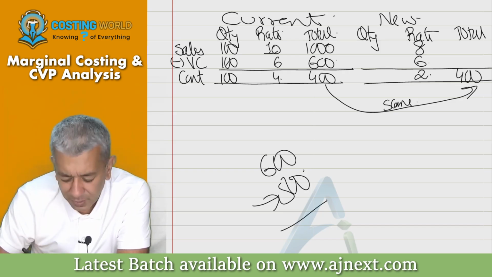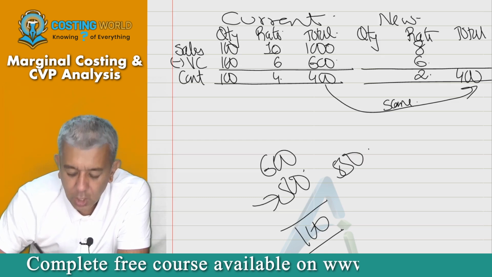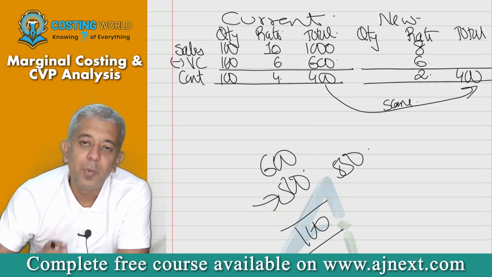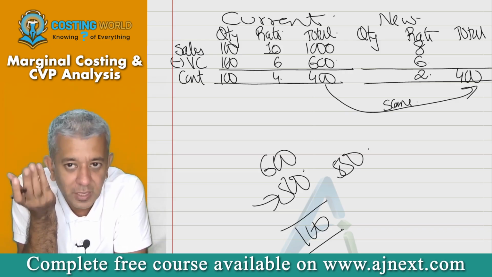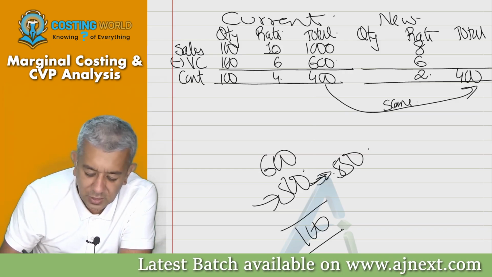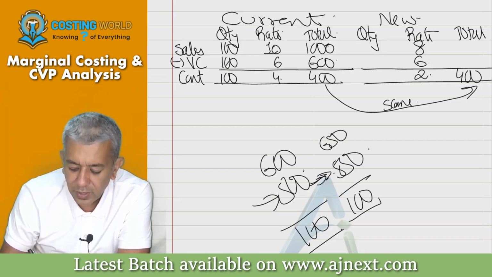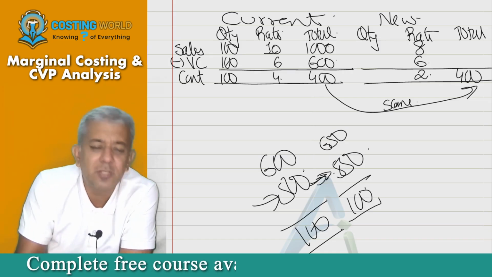I'm giving any numbers. So I was earning 100. Now cost will increase to 550. If cost increases by 50 and you increase selling price also by 50, you'll be earning the same amount. That's what I'm going to be doing right now.